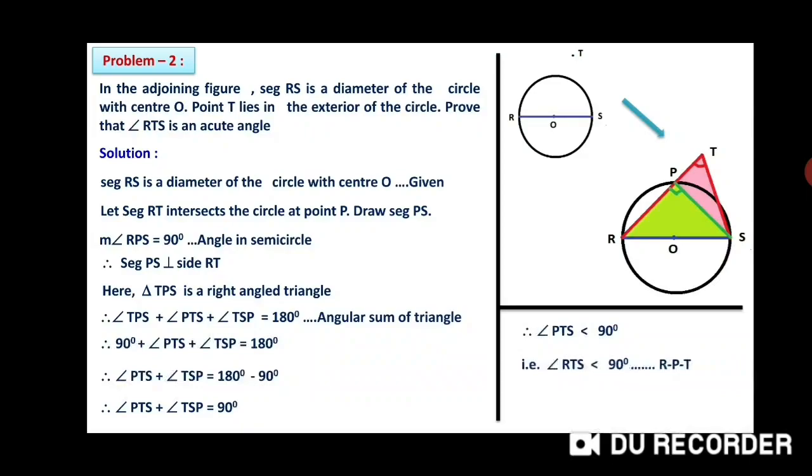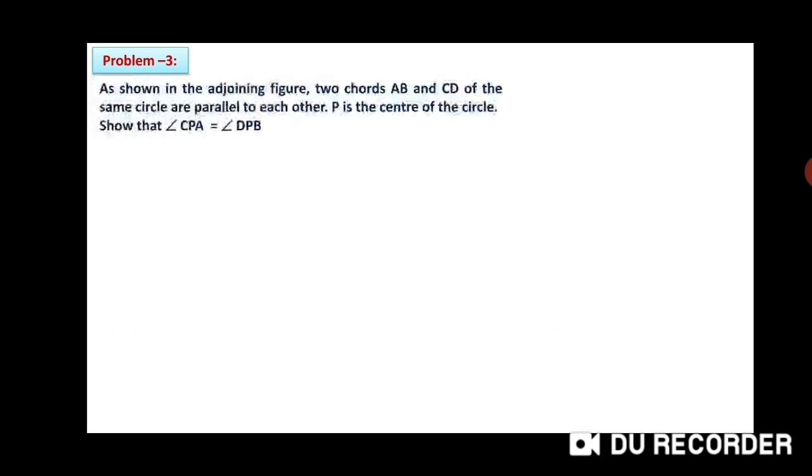As angle PTS is less than 90, angle RTS is also less than 90, because RPT is the betweenness. Therefore, as angle RTS is less than 90, we can say that angle RTS is an acute angle. So, we'll turn to the third problem.